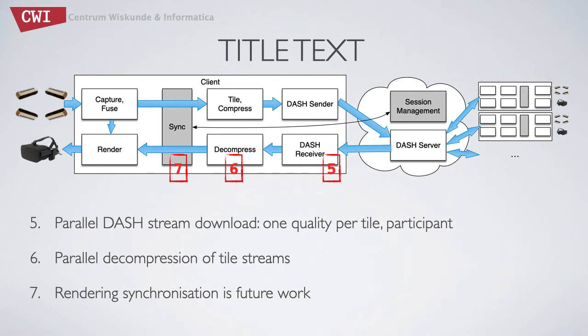It would send the data to the decompressor, which would decompress the compressed data back into point cloud data, and then it would be sent through the synchronizer, where the individual tiles would be resynchronized and synchronized to the audio, and then finally it would go to the renderer, through which you would see the other participant in the conversation.